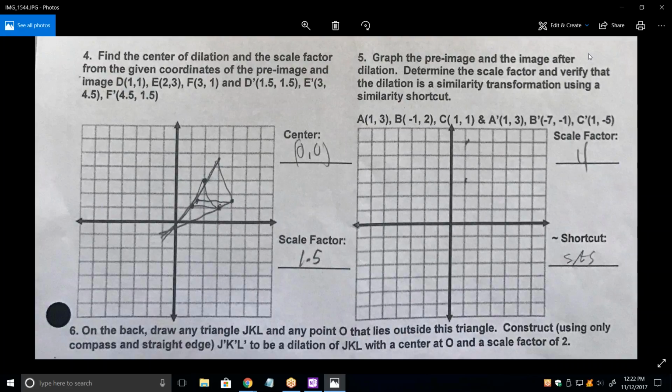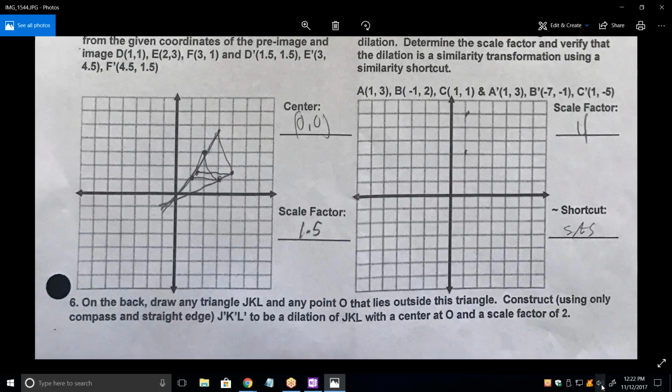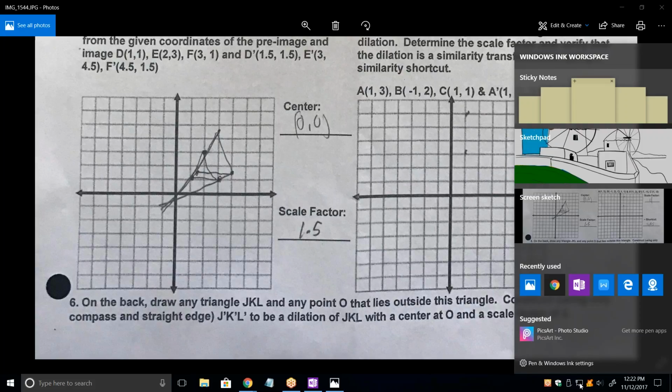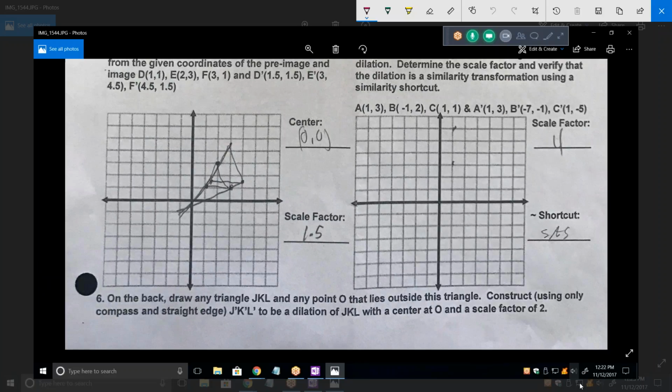All right. So the way she got the center, hold on a second. She graphed (1, 1), (2, 3), and (3, 1), forming that triangle.